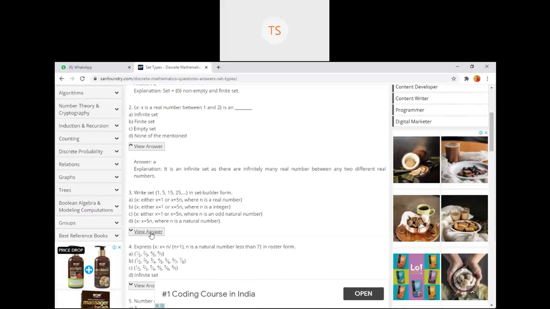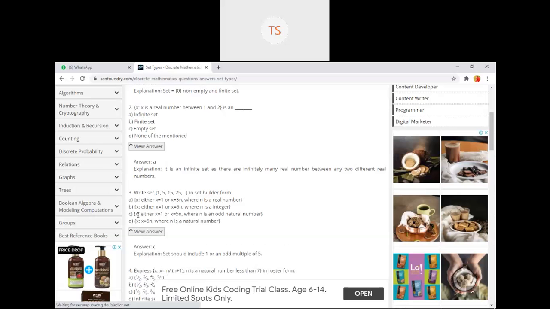Okay, let's see. Here option C is given as the correct option. What is option C? Either x is equal to 1 or x is equal to 5n, where n is an odd natural number. Here x equals 1 gives the element 1.